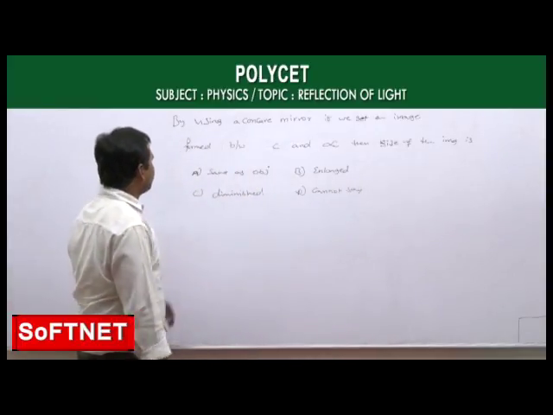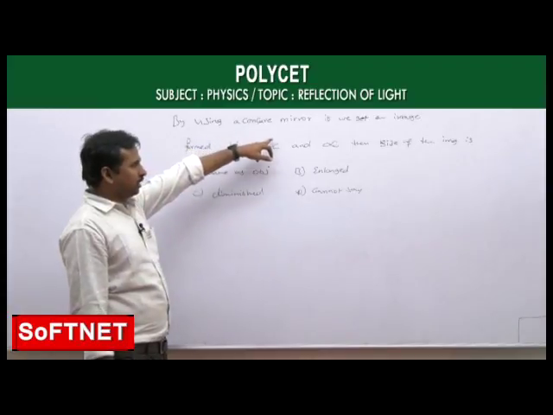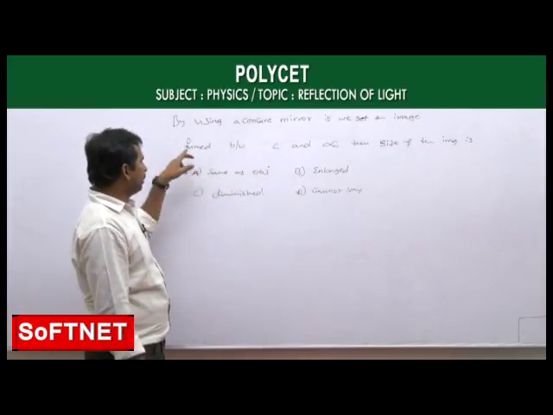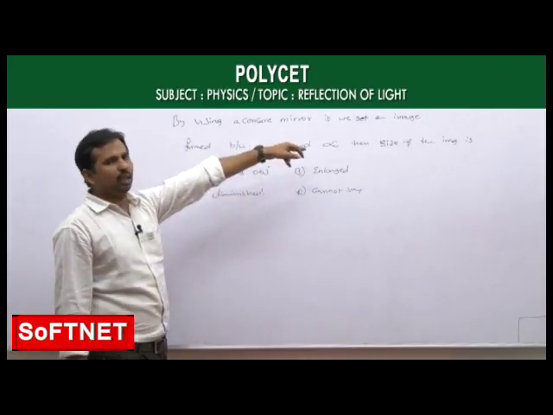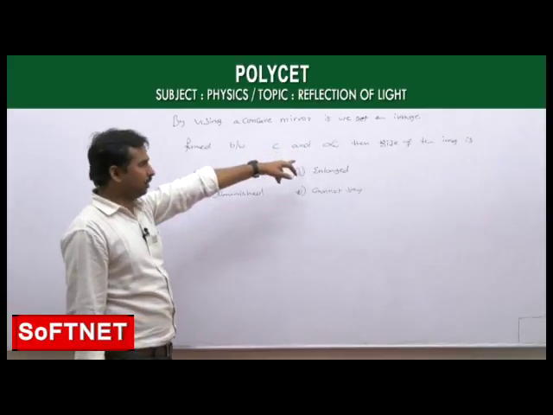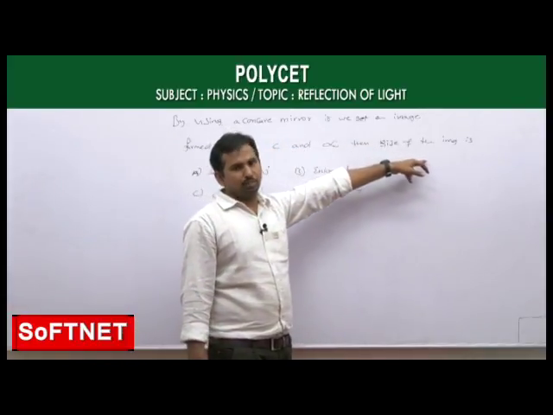Here, by using a concave mirror, if we get an image formed between C and infinity, then what about the size of the image?